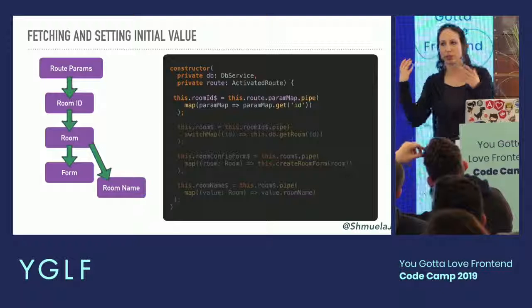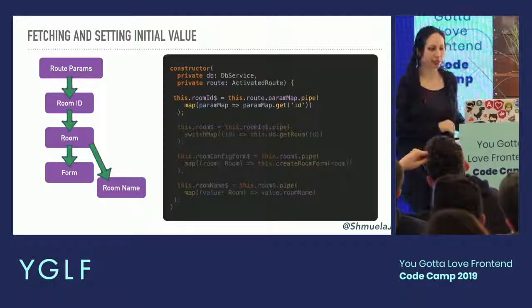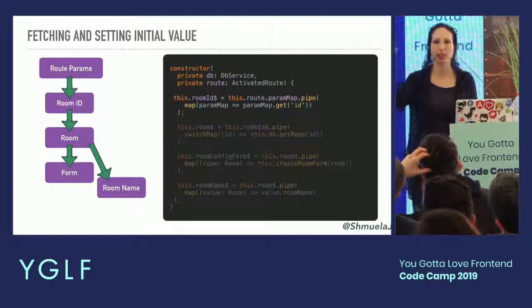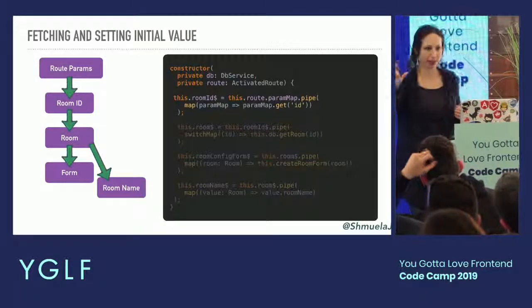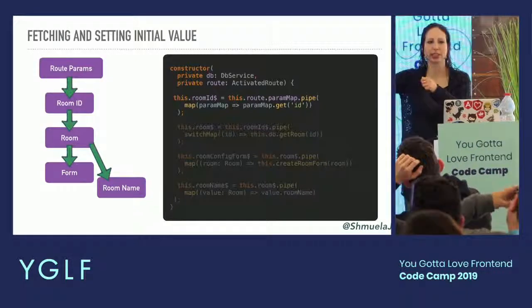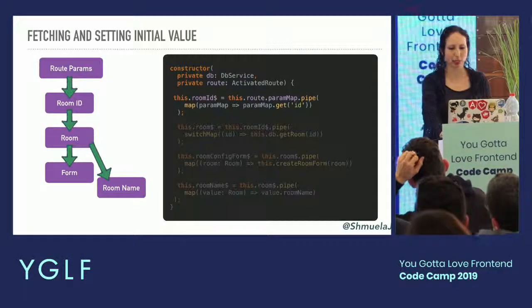So the router in Angular gives us an observable for that, and we can listen and react to changes of the router params of this ID. So whenever we have a change in the ID, we can get new data. We can tell it to do something.